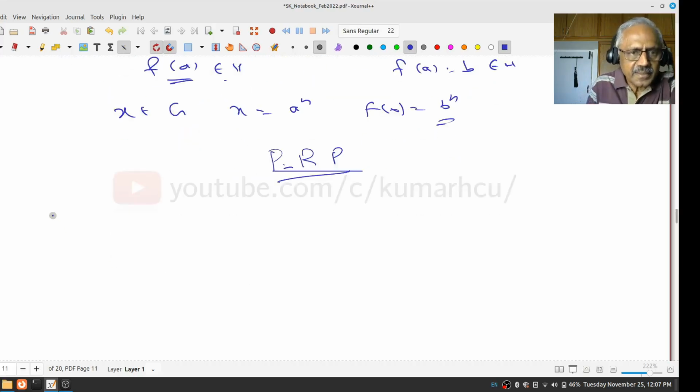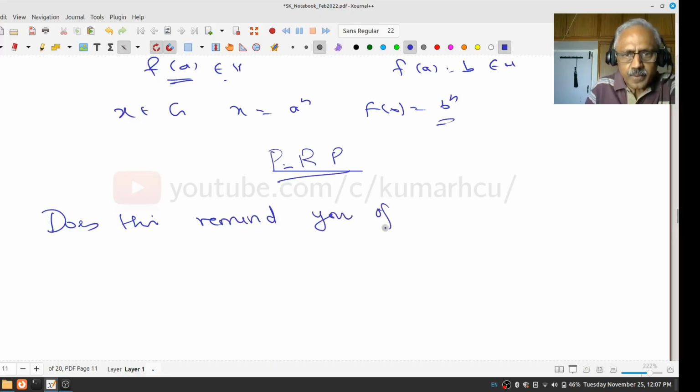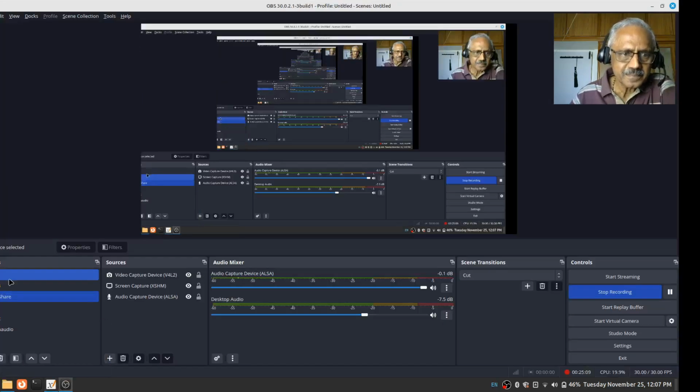Okay. Again, does this remind you of something? Suppose instead of G and H, let us replace them by V and W, vector spaces. If f is a linear transformation from V to W, and if I know the value of f on a basis of V, then I know f completely.